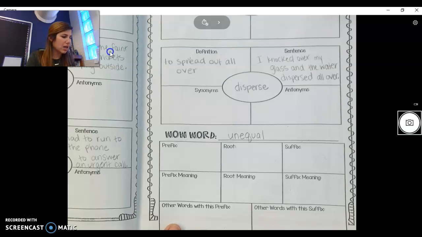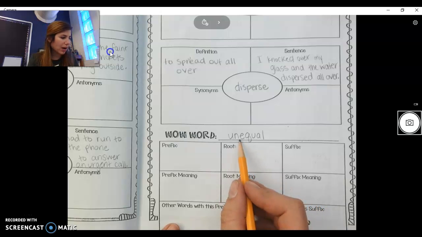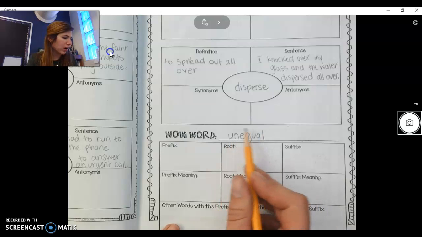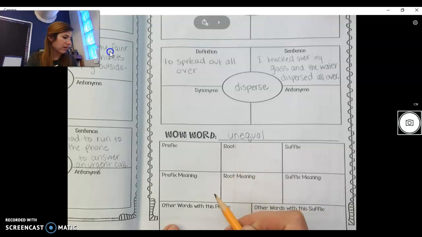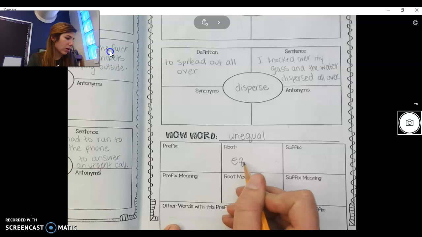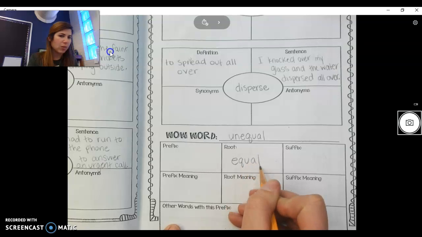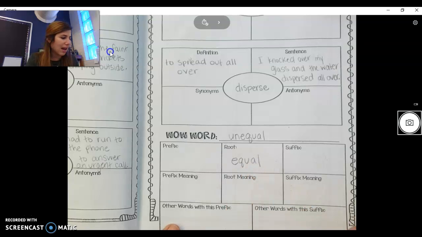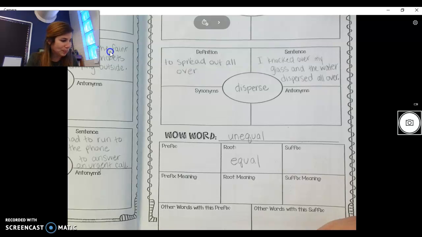So the word unequal is going to have a prefix and a root word. And so maybe you can already kind of think about it and go, what is the root word in the word unequal? So if I was to take away the prefix or suffix, we would be left behind with the word equal. It should be a word you're pretty familiar with from math and just in life in general.